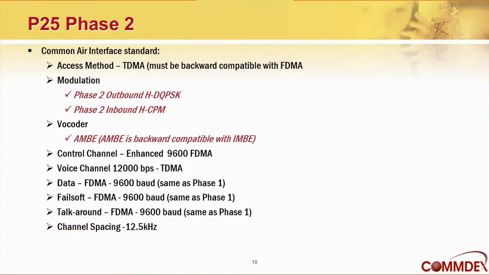Since vocoder technology kept advancing, the state of the art at that time, and we're talking about the 2000s, was AMBE. The control channel stayed the same, voice channel at 12 kilobit, data, fail soft, talk around. We mentioned all that previously, but that's what phase two provided.